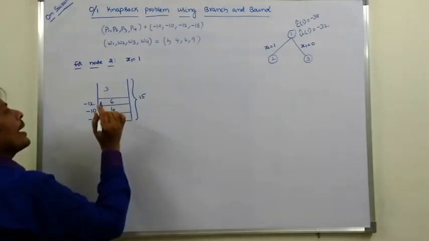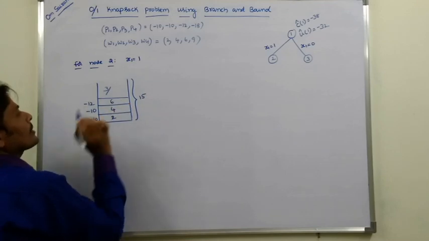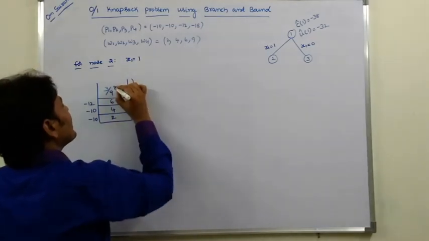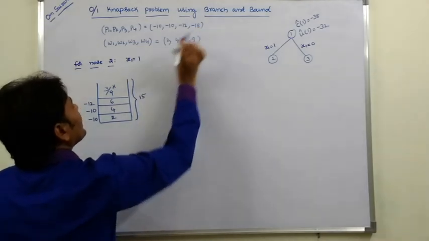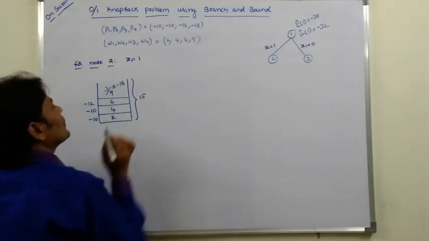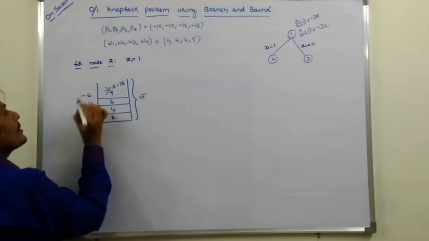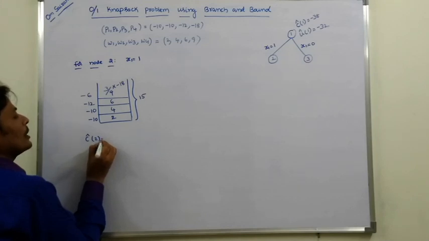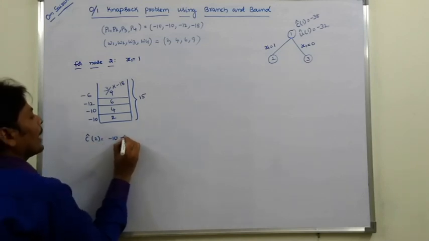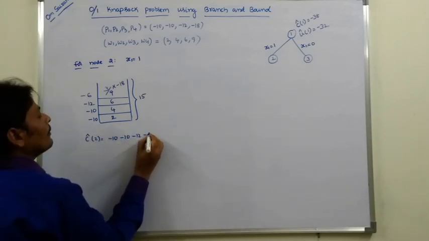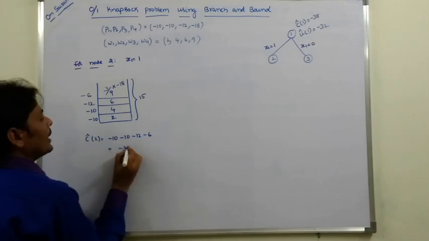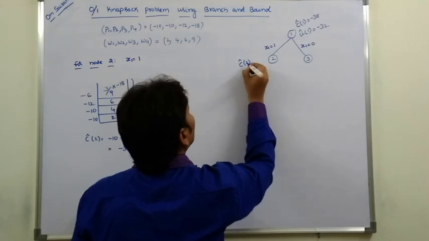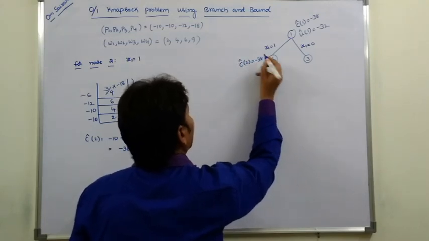The fraction can be calculated by remaining capacity, that is 3, by weight of the object, that is 9, multiplied with its corresponding profit. So therefore minus 6. So C cap of 2 is equal to minus 10, minus 10, minus 12, minus 6, that is minus 38. So C cap of 2 is equal to minus 38.